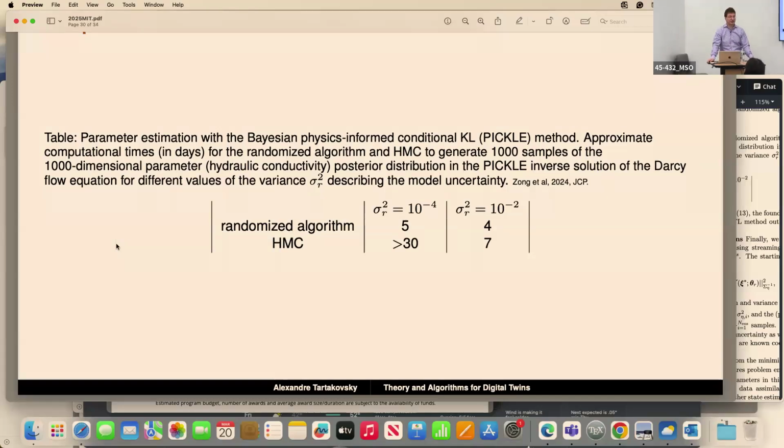It's a good question, and Yusuf is an expert and can correct me if I'm wrong, but KL expansions can be used to represent any process. It can be used for representing non-Gaussian distributions, so these random variables will be non-Gaussian. But our analysis doesn't care about the distribution.